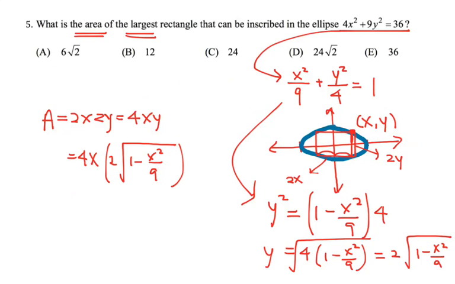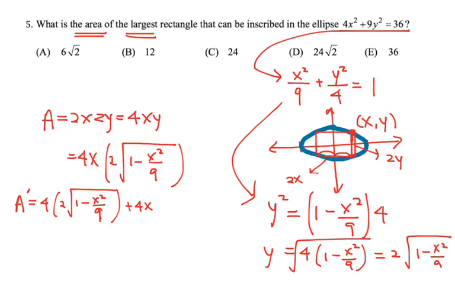Now if you take the derivative, A prime, let's see what happens. Derivative of 4x becomes simply 4 times 2 times square root of 1 minus x squared over 9. And then plus 4x is there.